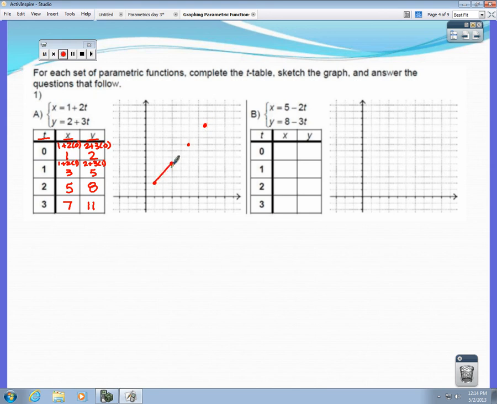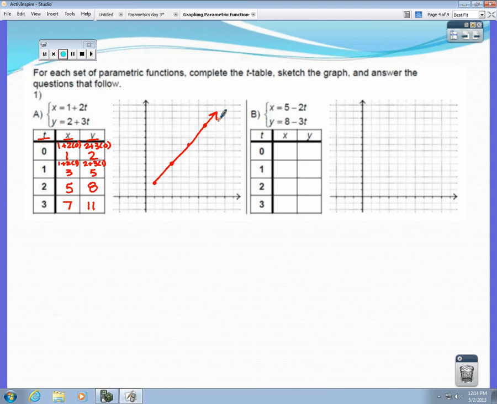Remember my starting point was (1, 2). I'm moving up and to the right, so I only put an arrow on the right side pointing up because my graph keeps going that direction, but I don't go past the starting point. Now, if you want, pause the video and see if you can do part B, and then you can start it up and see if your answer is correct.